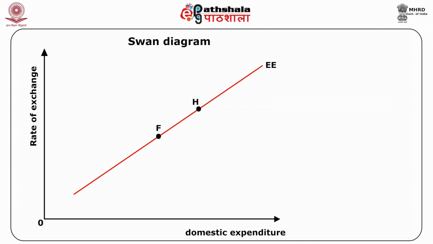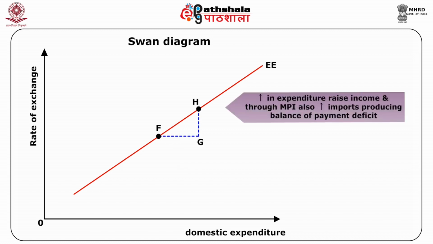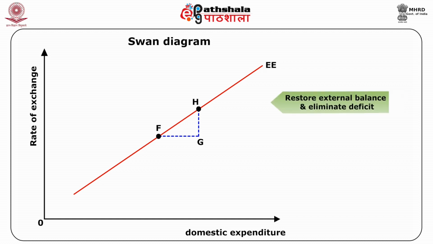At point F on EE, which is a point of external balance, imagine an increase in expenditure to point G. An increase in expenditure will raise income and, through the marginal propensity to import (MPI), will also increase imports, producing a balance of payments deficit at point G. To restore external balance and eliminate the deficit, R will have to increase from point G to H, that is, depreciation of the dollar, in order to increase exports and reduce imports.